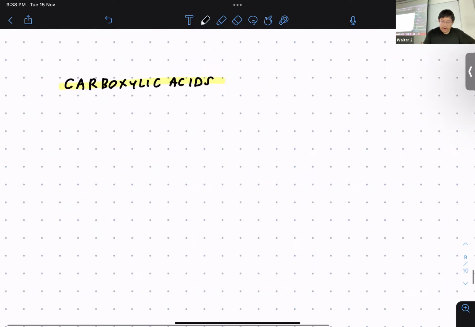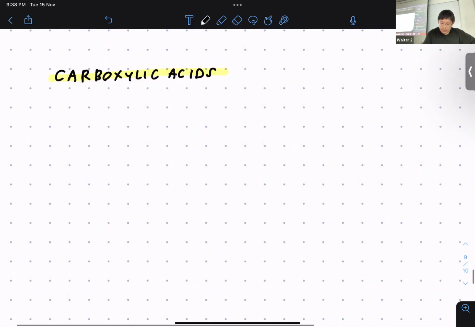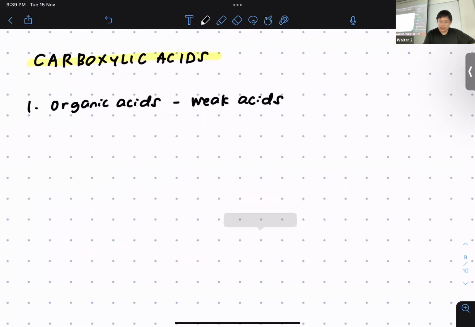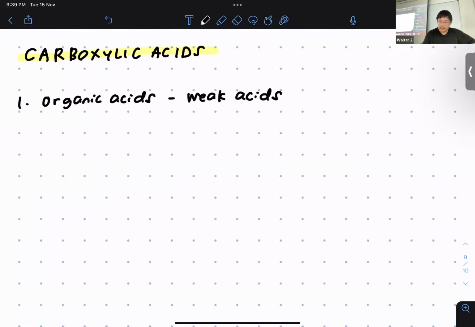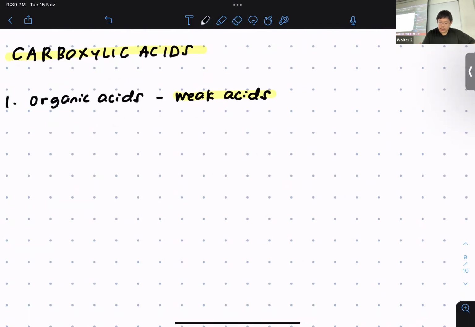Okay, so the carboxylic acids are basically organic acids, and they are technically weak acids. All of them are weak acids. If you don't remember what weak acid basically means, weak acids are acids that dissociate in water partially only. Yeah?